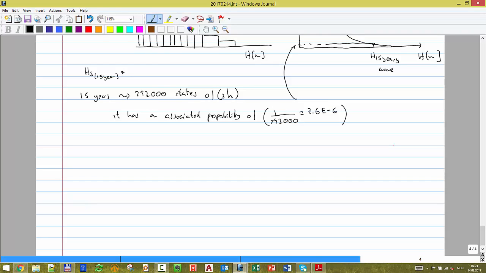Now, all the waves in all of these periods, 15, 50, 100 years, we assume that the significant wave height in different time periods follows a logarithmic distribution, a logarithmic equation.